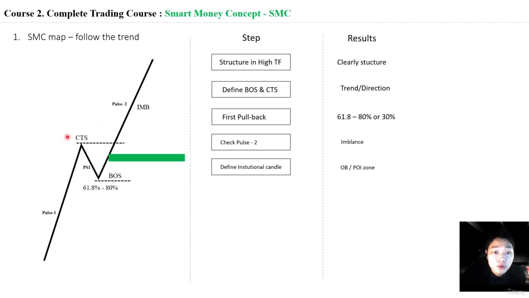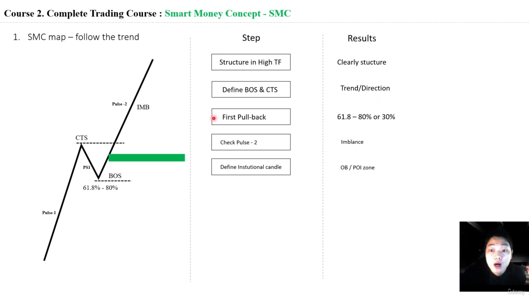For example, here is the CTS, the recent high of the market, and the BOS, the lowest low that created the highest high of the market. You can understand that at this time price already broke the CTS and is still above the BOS. It means the trend at this time is still an up movement, and the direction we should choose to wait for is buy orders.